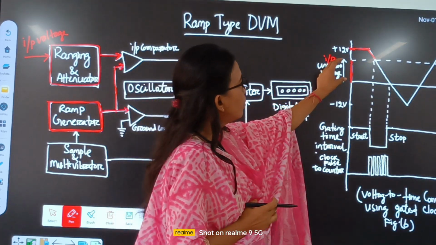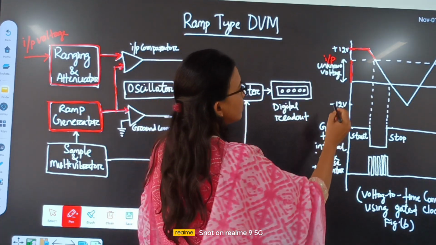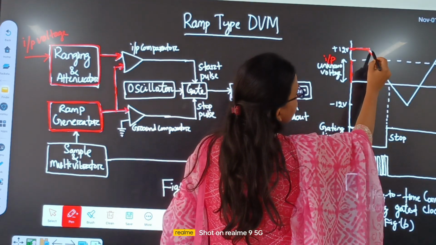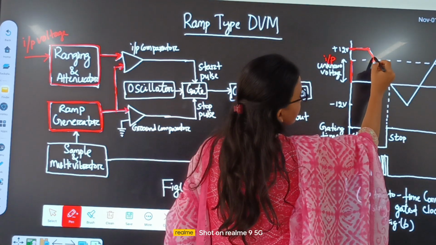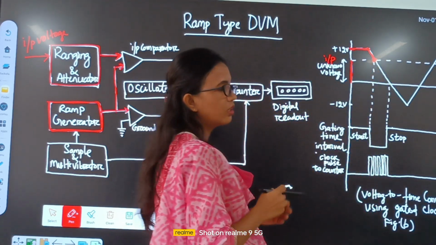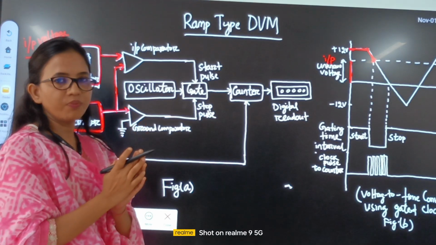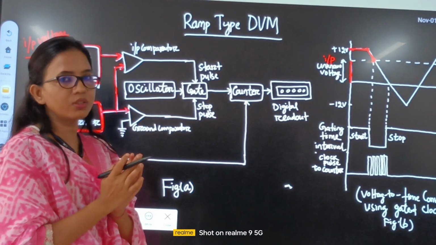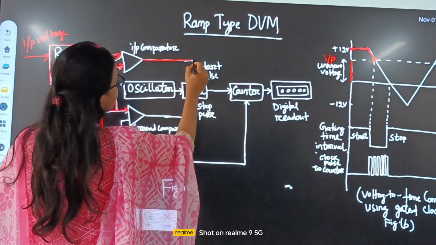So here is the unknown input voltage and here the ramp voltage. When the ramp voltage is equal to the input voltage, that means the input comparator compares the two voltages. When these voltages are equal, it will give a start pulse.